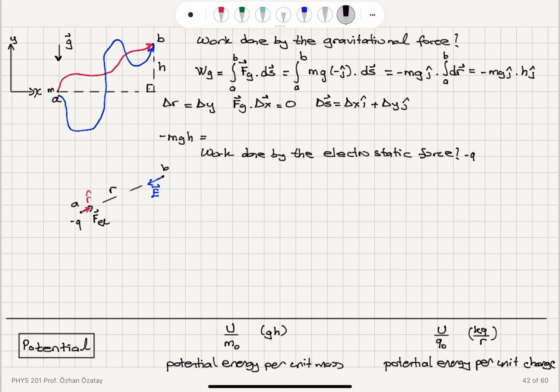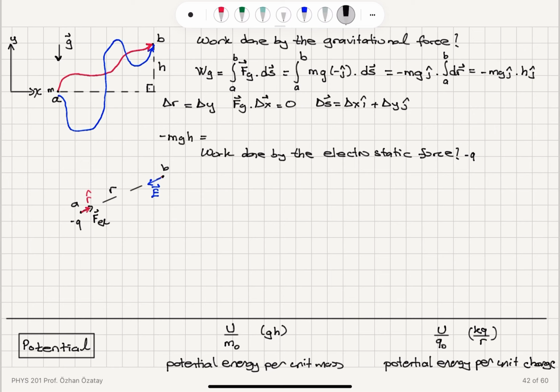Here I have set the potential at a certain point to be 0, because potential energy is only meaningful on a relative scale, but conventionally we set the potential energy to be 0 at infinity, and that's what I'm going to consider next.